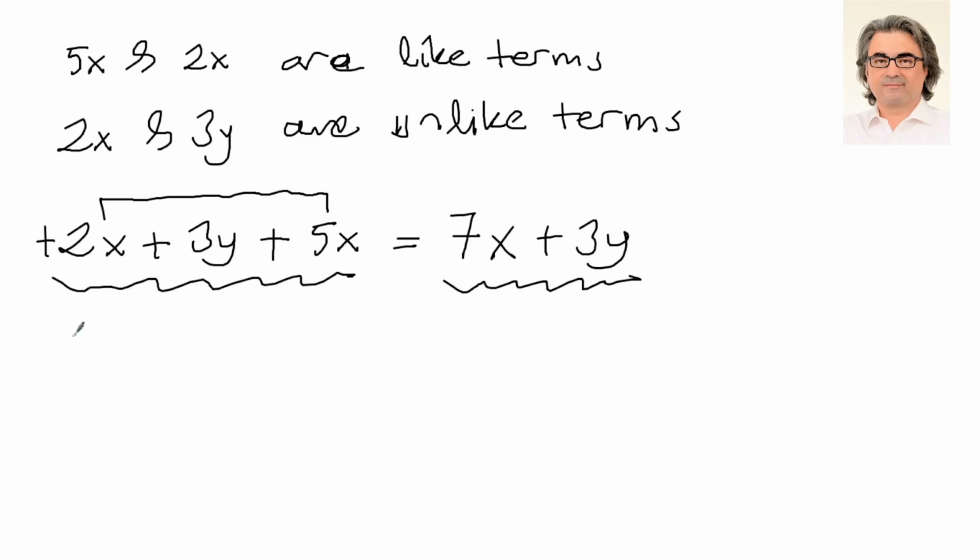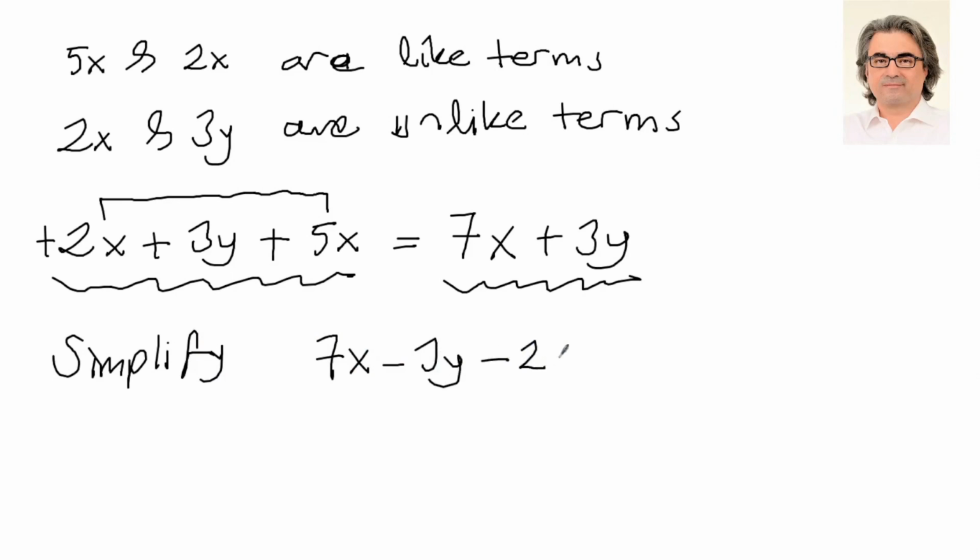So when someone asks you, simplify 7x minus 3y minus 2x plus 5y. Simplify this algebraic expression. Now, when someone asks you, apply the method. The method is to make this type of operations, we should find those with like terms and put them into operation.